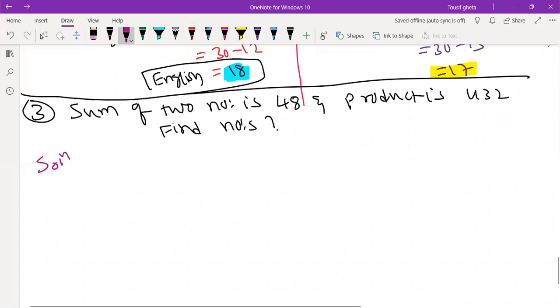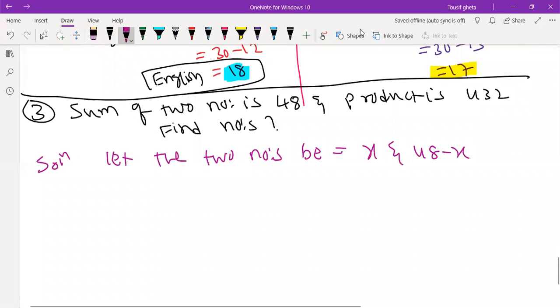Sum of two numbers. Let the two numbers be, one number you will take x, another number will be 48 minus x. Correct now? This is always the story. Whenever they give the sum of two numbers, one number total is 48, so one number is x, another number we don't know.